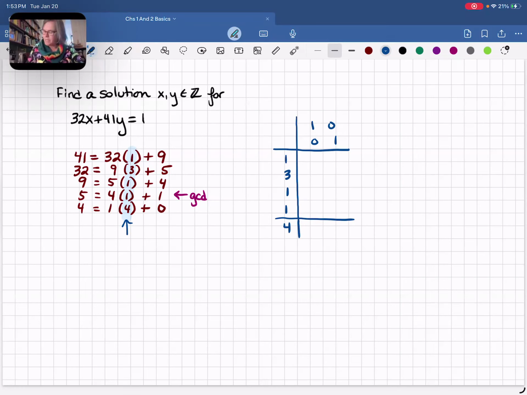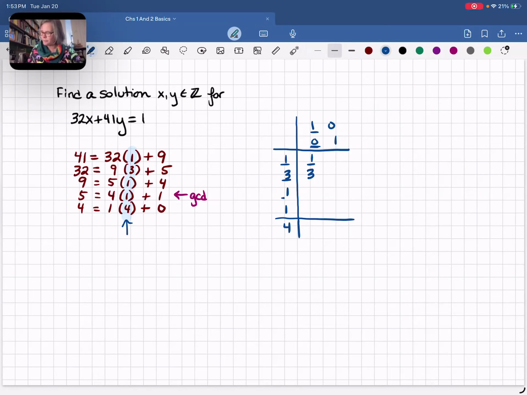Okay. Now I'm going to go ahead and just start filling in this table. In each case, I'll take the number on the left. So the first one here is 1. I'll do 1 times the previous value, one row up, plus the 1 before it. So 1 times 0 plus 1. That's 1. Then I'll do 3 times 1 plus 0.